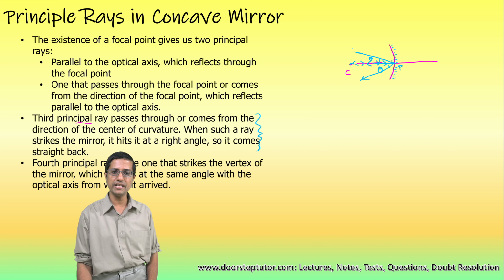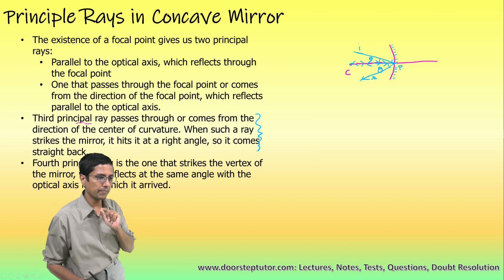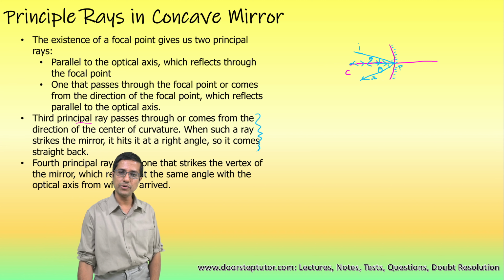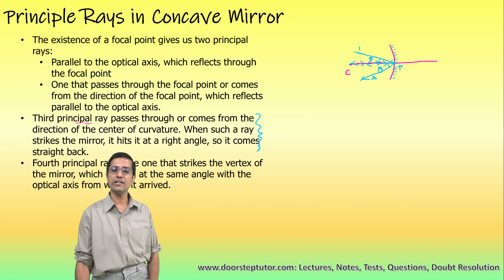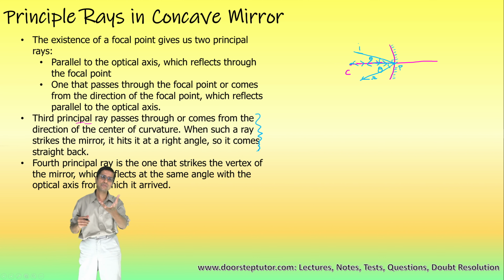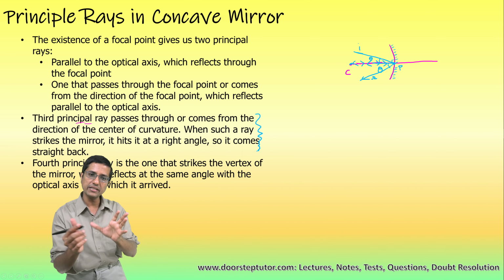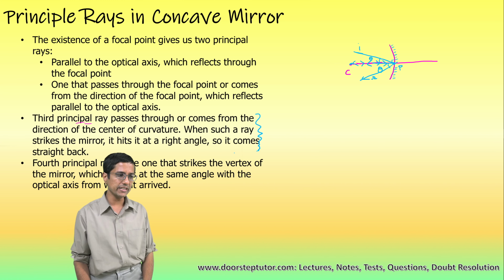Because the angle of incidence has to be the same as the angle of reflection. So that is the second of our principal rays. We are going to make a ray incident on the pole of our mirror. We'll do the same exercise in the case of the convex mirror as well, but in the case of the concave mirror things are very simple. So that is another one of our principal rays.